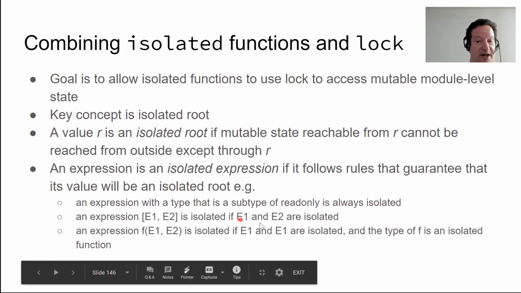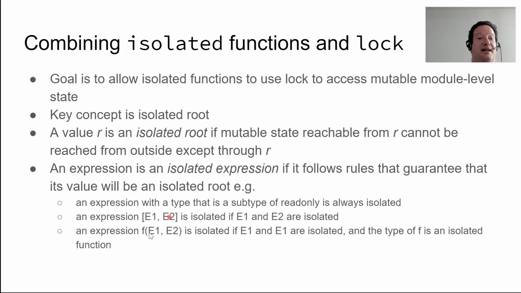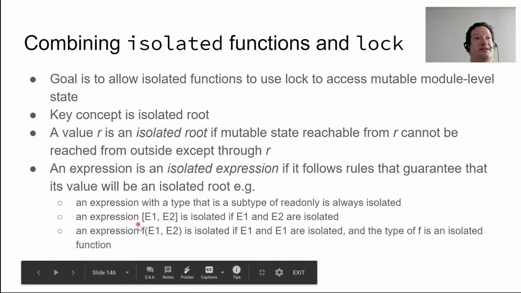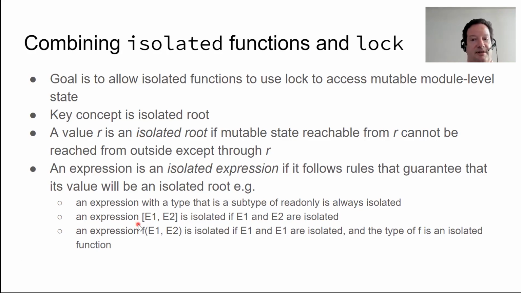If E1 and E2 are isolated expressions, then this is an isolated expression. If both values are guaranteed to be isolated roots, that means there's no reference into them from outside, so the newly constructed tuple is also an isolated root.